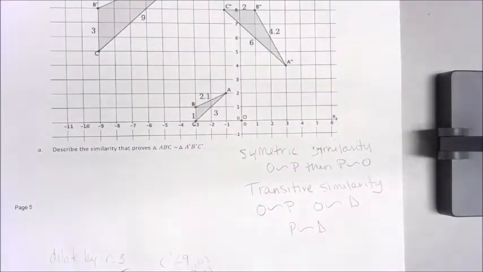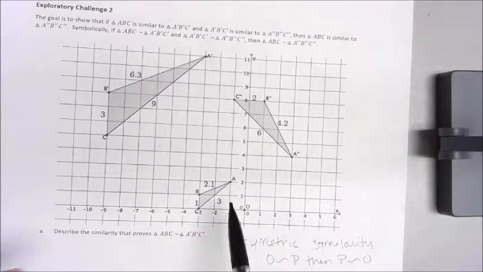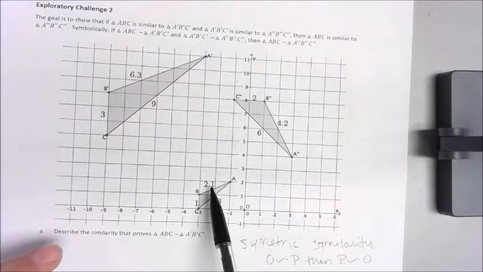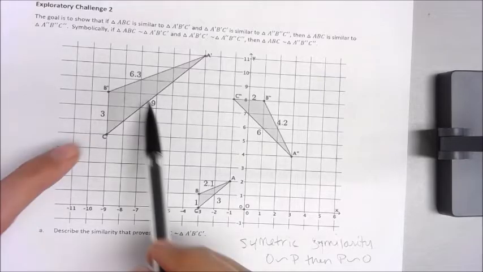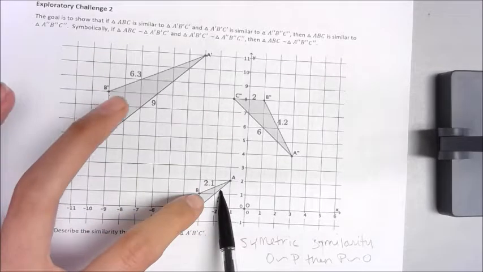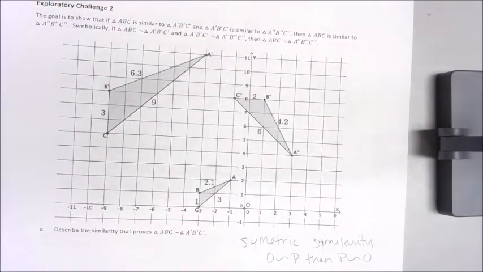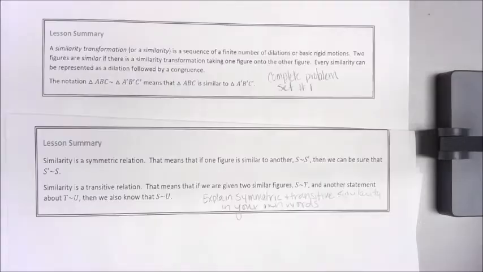We know that all of them are going to be similar to each other if we can prove that one is similar to another. So if I can prove a sequence that takes me from the original to the prime, and I can prove a sequence that takes me from the original to the double prime, then I know that these two would also be similar because of the transitive property.